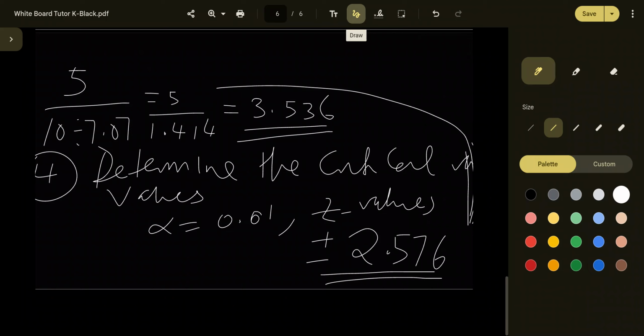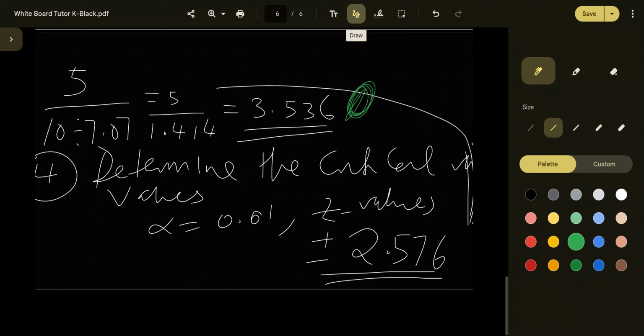Now that we have this value, we are comparing those two values. If you check the value that you have there, which is 3.536, that is the calculated z value, the one that we did for the test statistic.